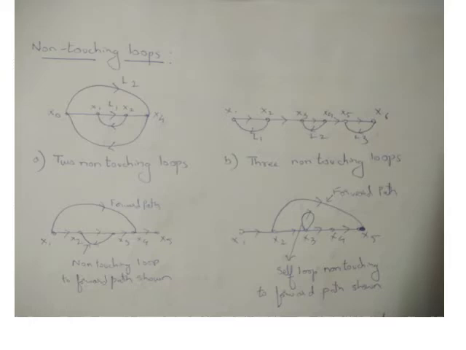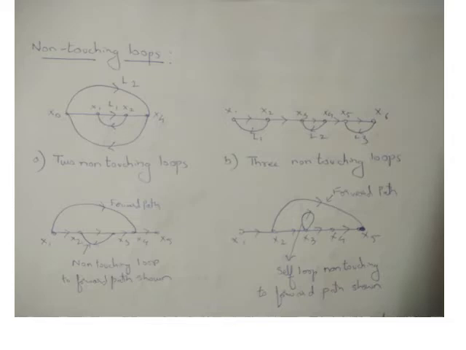We'll go to the other diagram. First we'll see how many forward paths we have. We have one forward path here, and another forward path here. We also have a self loop here. A self loop is a loop which starts at a node and ends at the same node. The second forward path is moving from here and is nowhere touching the x3 node, which is the self loop.